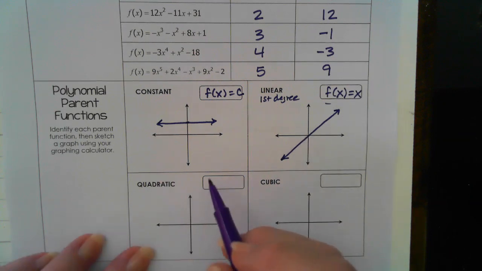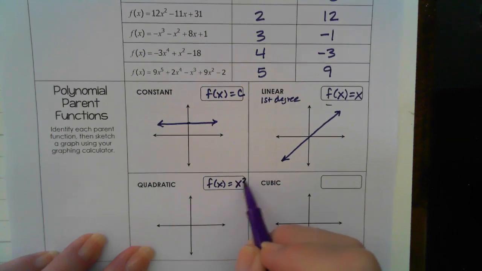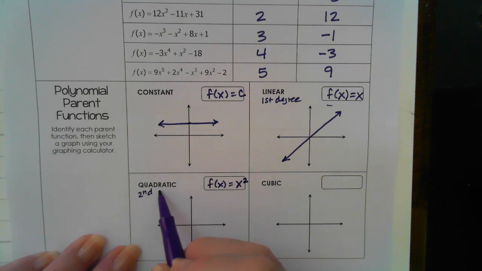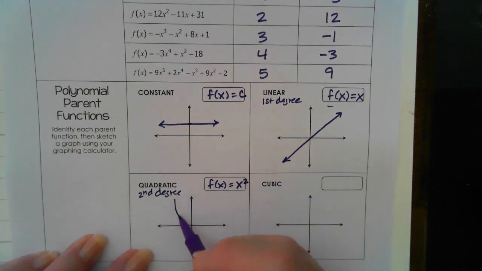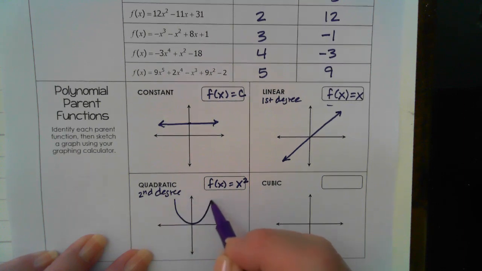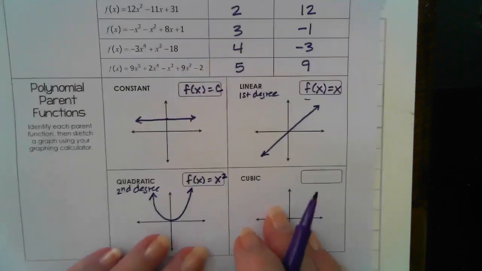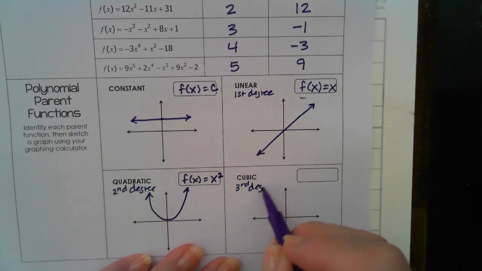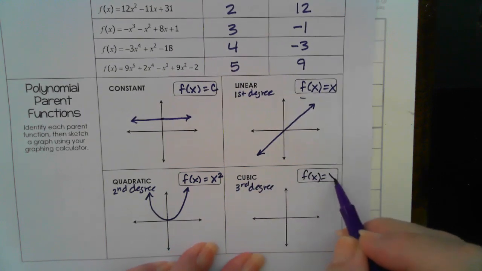For quadratic, the parent function is a second degree equation, because remember this is second degree, and that parent function is the perfect, beautiful parabola that goes through the origin. And a cubic is a third degree, which is f of x equals x cubed.